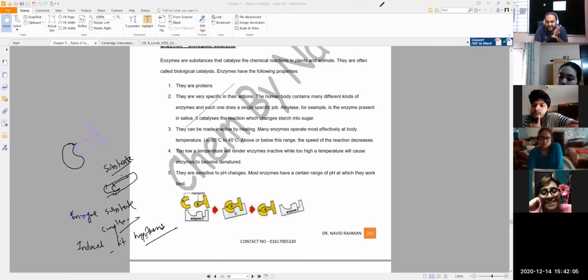But in case of enzyme, it's dependent on temperature and pH. An example, small example. When you're making a dough, it could be for pizza, a bun, bread, anything, they don't ask you to give cold water.